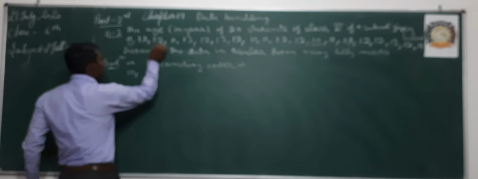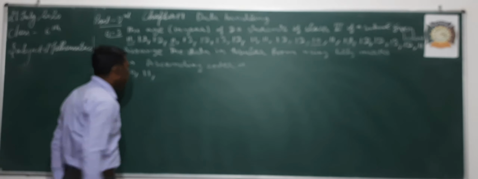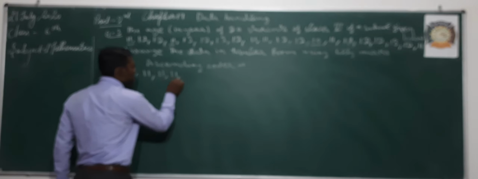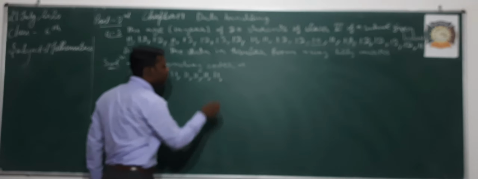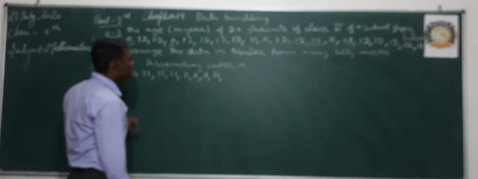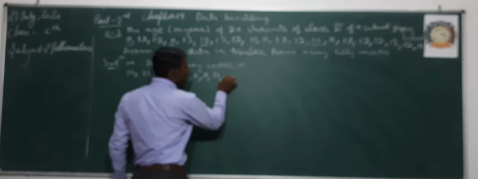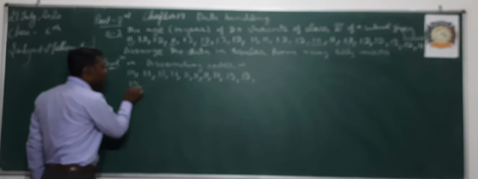See that 11 appears how many times? Count it. It appears 7 times: 3, 4, 5, 6 and 7. Next is 12. Count how many times 12 appears. It appears 9 times.